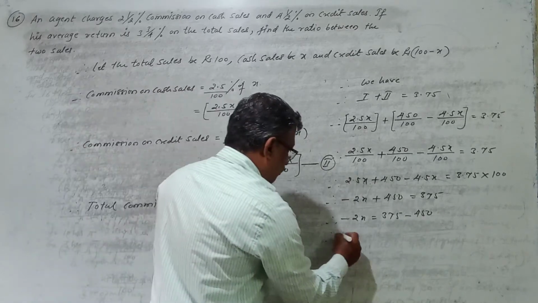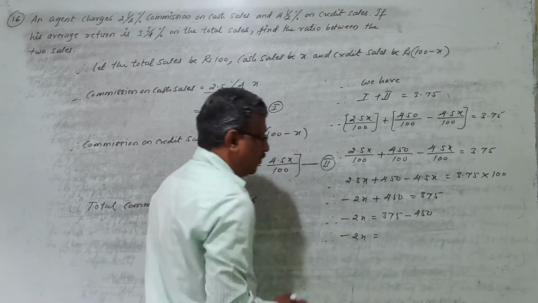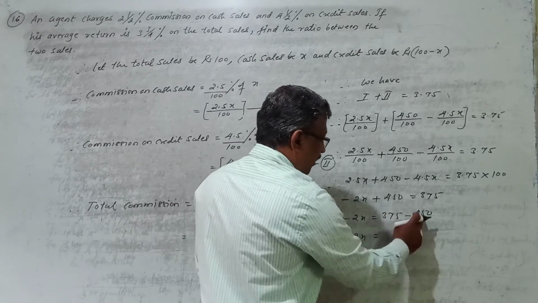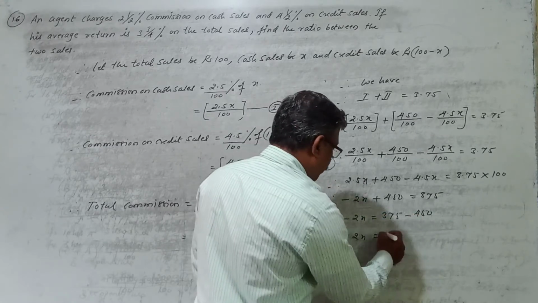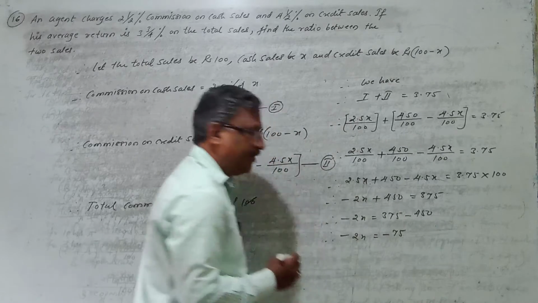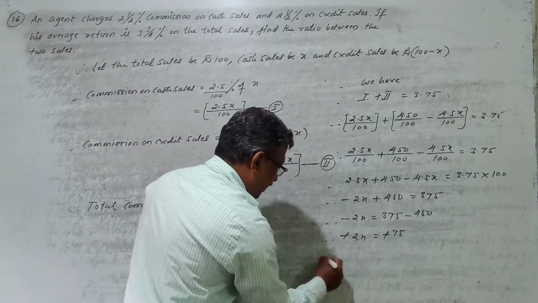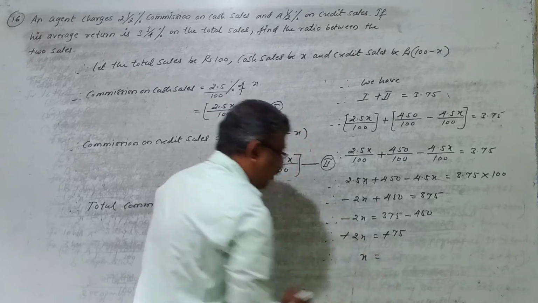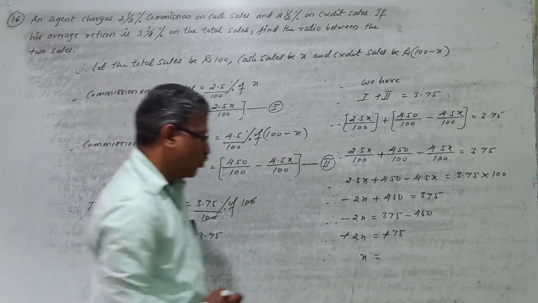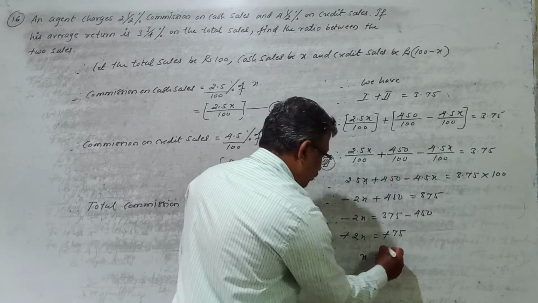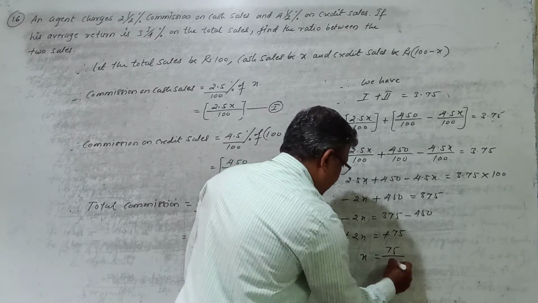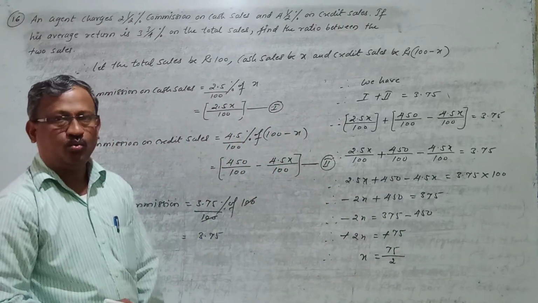Minus 2x equals 375 minus 450. So you get minus 75. Finally this minus gets cancelled. So I want x value. So straight away you bring x outside. So x is equal to 75 divided by 2.